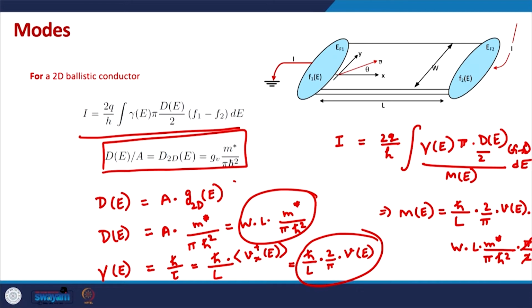So this pi by 2 and 2 by pi cancel, and L and h bar cancel.